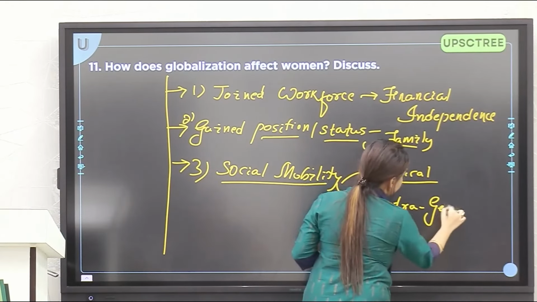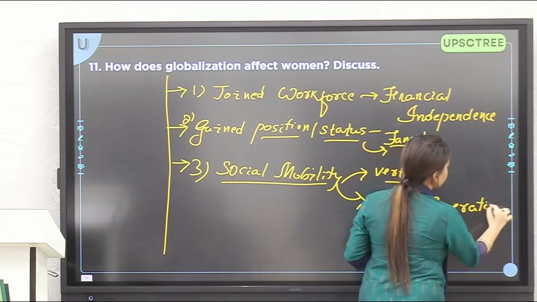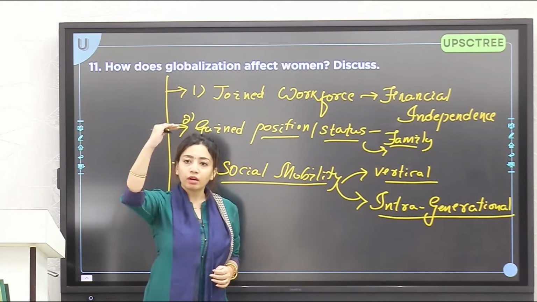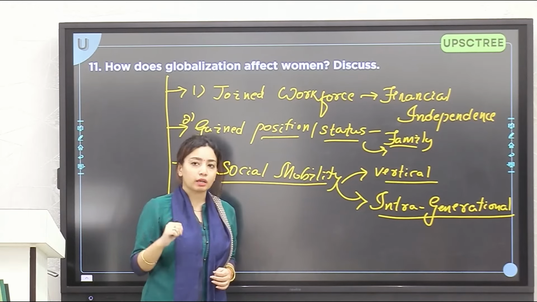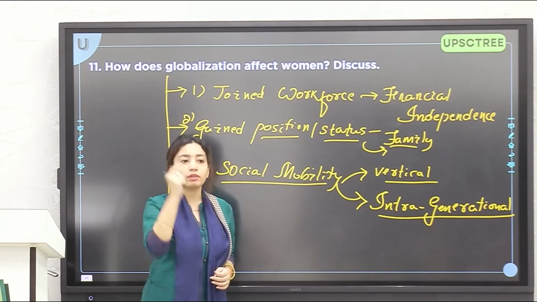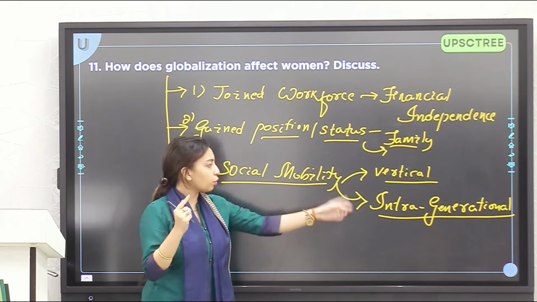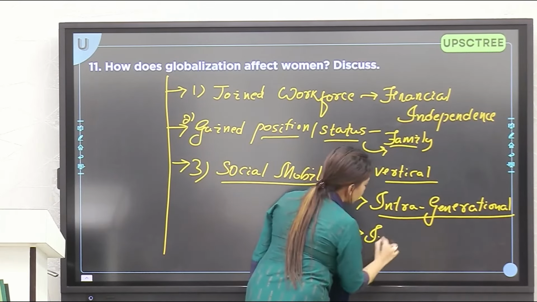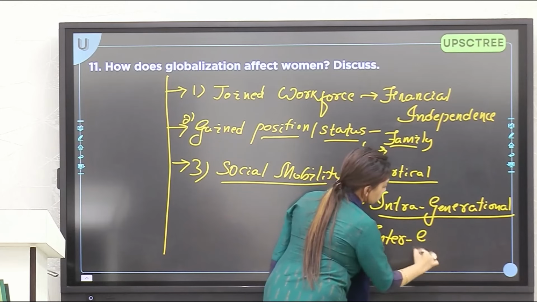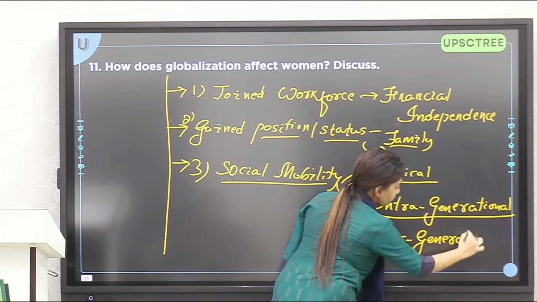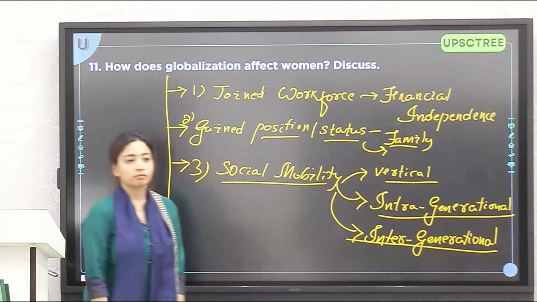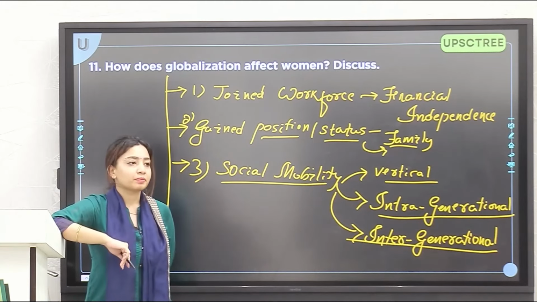Intragenerational. How? Somebody who used to be a housewife, right, started having a gain in the position or strata in the society. So there was a change of position, right? So it will be intragenerational. Also, it will be intergenerational. How? Now she is working.